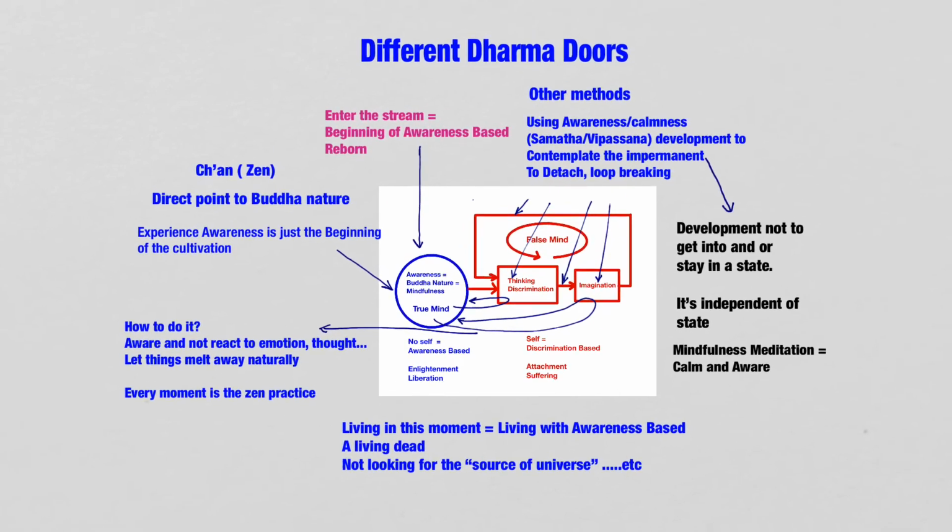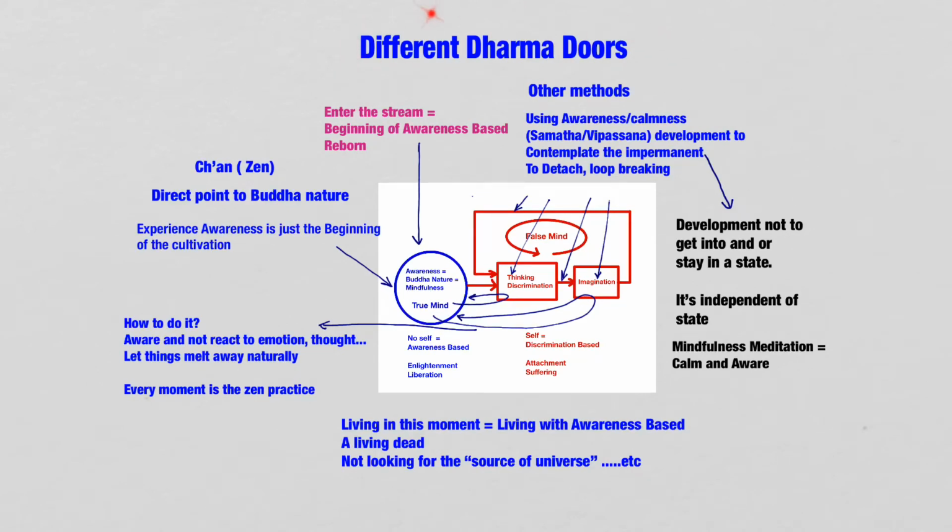Now, you know, there are different Dharma doors, different methods, different ways in Buddhism to get enlightenment, to get rebirth. Zen is one of them. Another one which we usually know is that people practice samatha vipassana, okay, and this is actually the awareness and calmness development.